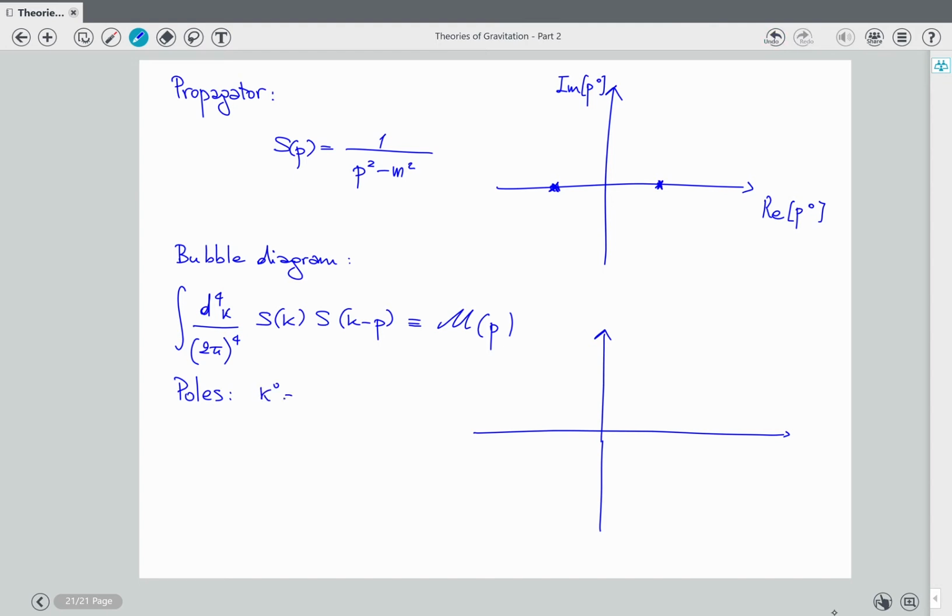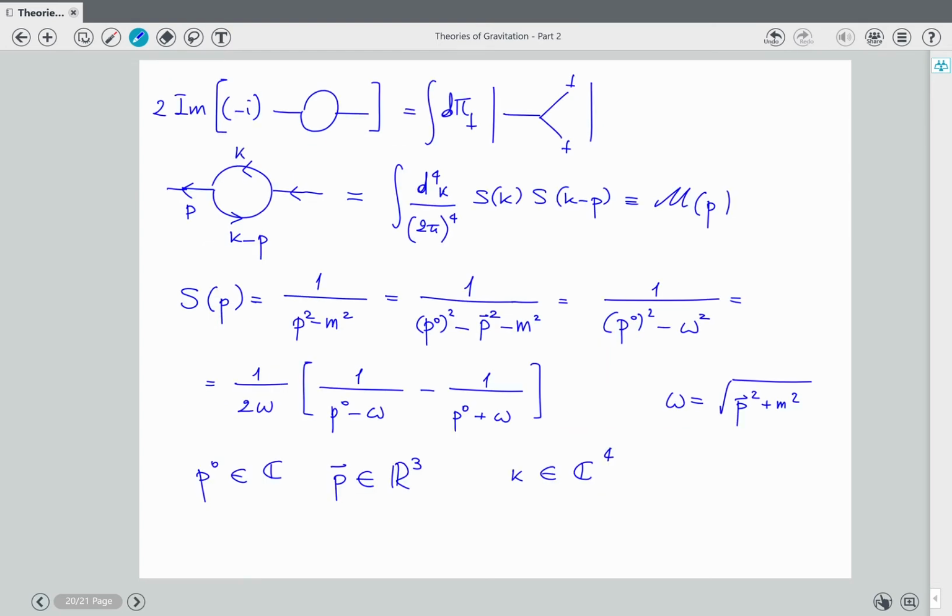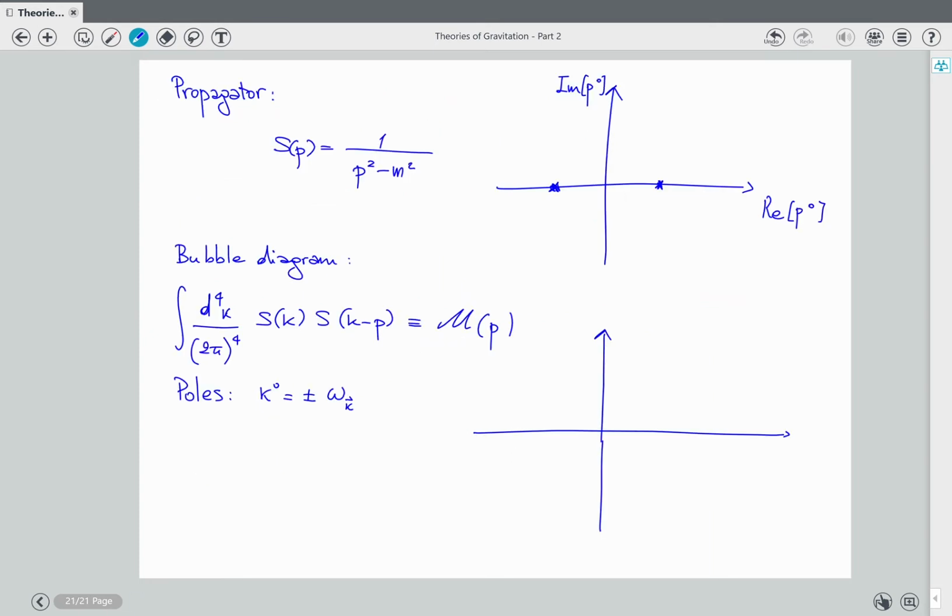So in the first case, you will have k0 equal to plus or minus omega of k. Let me call this omega with the subscript to specify its own momentum. Here it is omega of p. So there it will be omega of k. And those two poles are somewhere there.